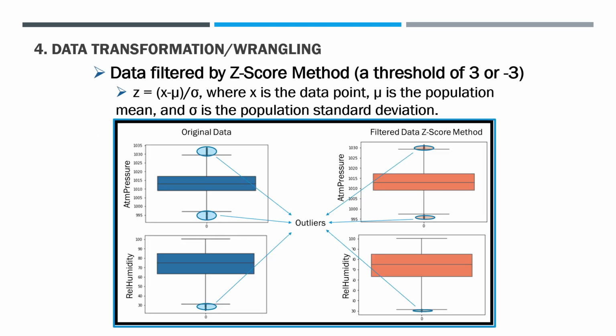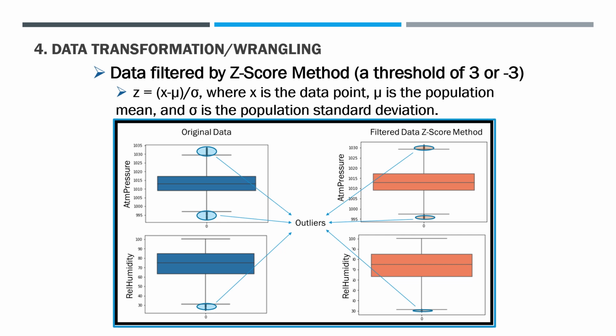Z-score is defined as the data point minus the mean of the population divided by the standard deviation of the population. So in other words, you can say that the Z-score of a data point is how many standard deviations that data point is away from the mean.